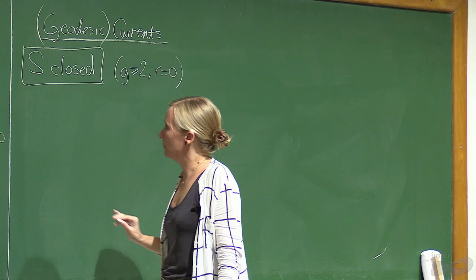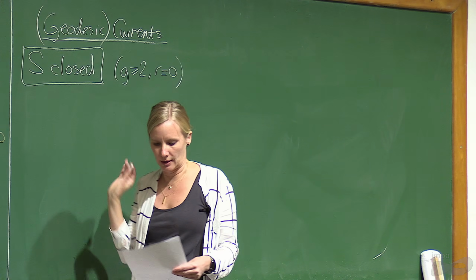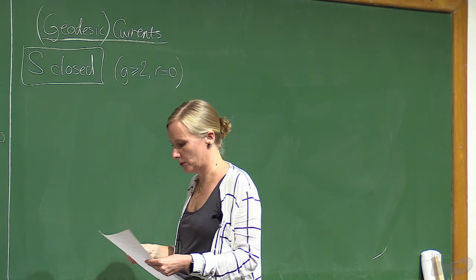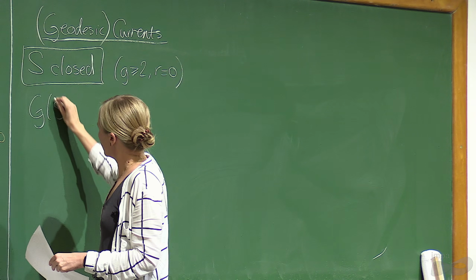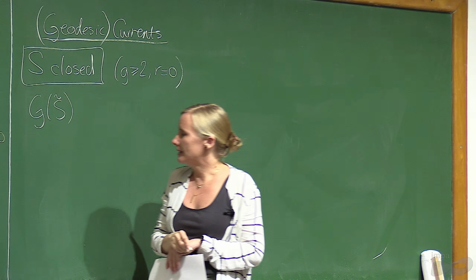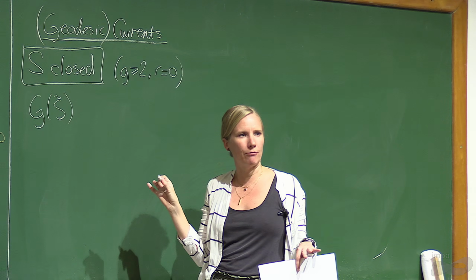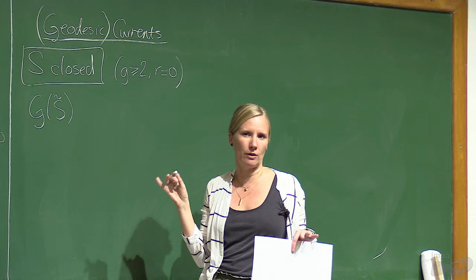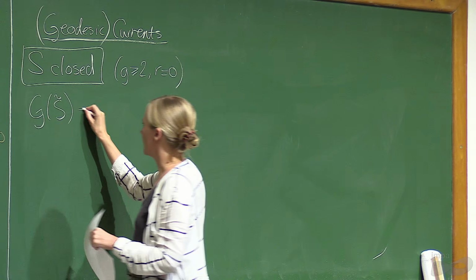Most of the things I say would be true also with punctures, but there's some care you have to take in certain areas that I don't want to get into. So let's assume it's closed. I'm going to let G of S tilde be the set of all geodesics in the universal cover of S, so all the geodesics in the hyperbolic plane, unoriented.